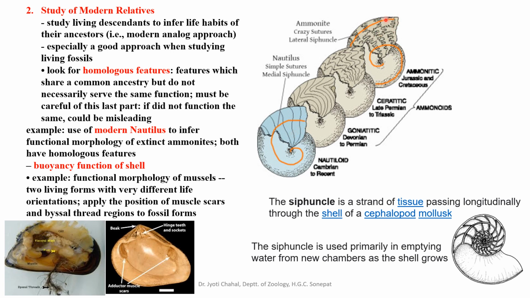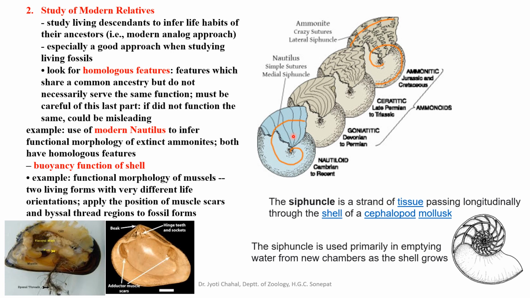In the case of ammonites, it is lateral, terminal. You can see that it is near the outer boundary or outer edge. In ammonites it is on the outer edge, and in nautilus it is in the median line. So the function of this siphuncle is the same in both cases, but the location is a little bit different, but they are homologous.